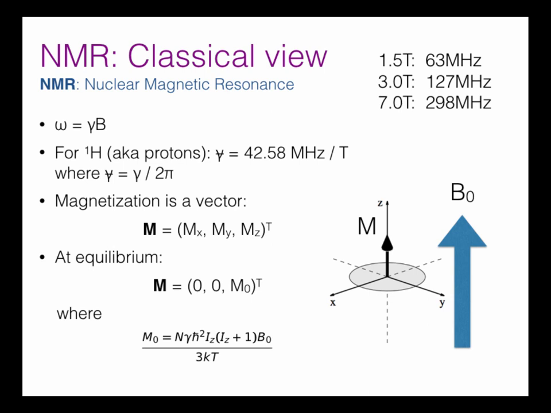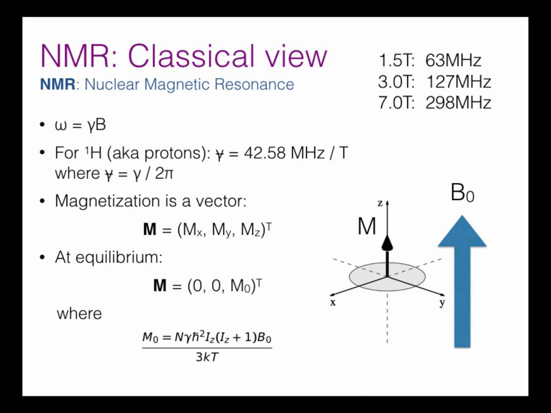Okay. Now, if we consider what's called an ensemble, which is basically a bunch of water molecules together, we can get away from the quantum mechanical stuff, and we can treat it in what's called the vector model. For this, the main magnetic field B0 creates a magnetization vector M, which is a three-dimensional vector in general, Mx, My, and Mz.